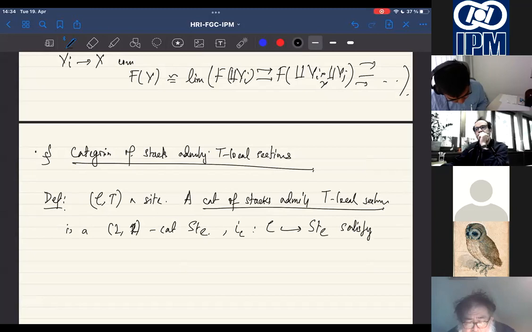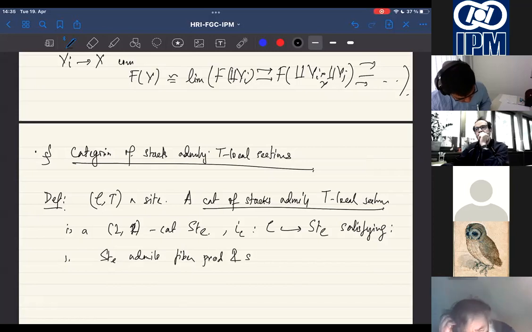satisfying the following. At first, it admits fiber products and small coproducts.